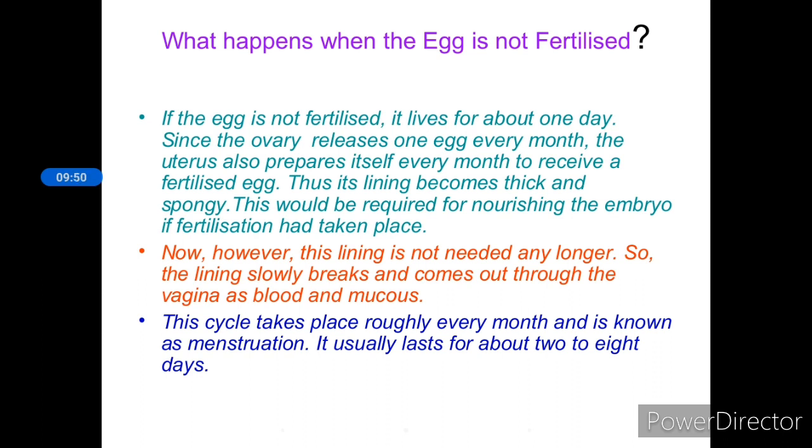If the egg is not fertilized, that is no longer needed. At that time it breaks off and is removed through the vagina as blood and mucus. That cycle is known as menstruation, and it lasts about 2 to 8 days in females.